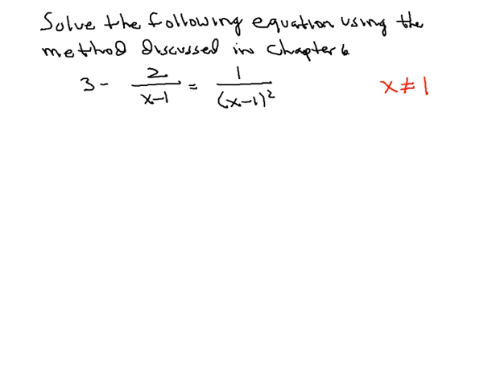So let's begin. We're going to multiply each side here by the lowest common denominator of the two fractions, and I think you'll agree that will be (x minus 1) quantity squared.